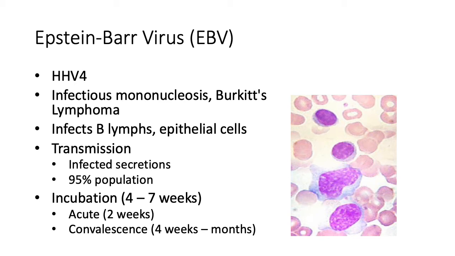Transmission of the virus occurs through oral contact with saliva from an infected individual, which is why it is sometimes called the kissing disease. In the United States, as many as 95% of adults between 35 and 40 years of age have been infected. Infants become susceptible to EBV as soon as maternal antibody protection, which is present at birth, disappears.